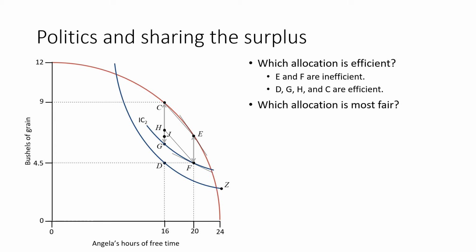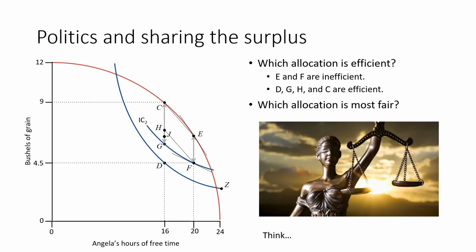So the question really is, among these efficient allocations, which allocation is the most fair? And that's something that you need to go back and imagine that you were playing this game or you're in the social interaction, but you didn't know whether or not you were going to be Angela or Bruno. Behind that veil of ignorance, think about how much of the surplus you think should go to the worker and how much of the surplus you think should go to the landlord.